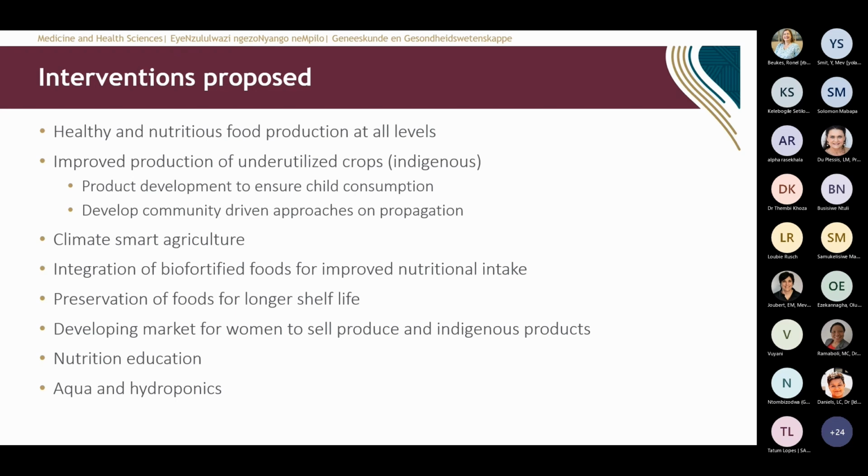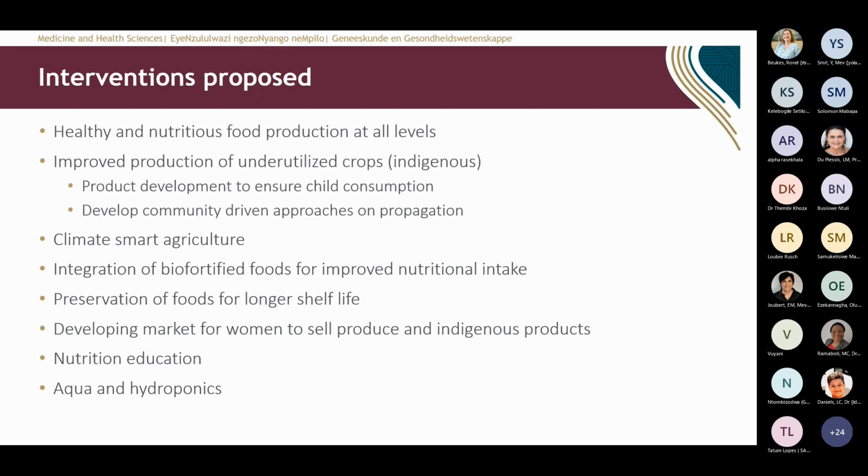There must be healthy and nutritious food produced at all levels. We must stick to climate smart agriculture, improve production of underutilized crops, improve the consumption of indigenous crops, and ensure nutrition education amongst all. Preservation of food is very important. Teach people about utilization, and ensure that food is available.